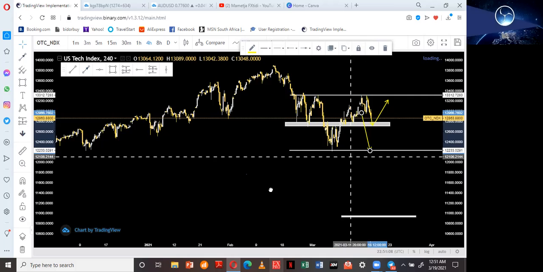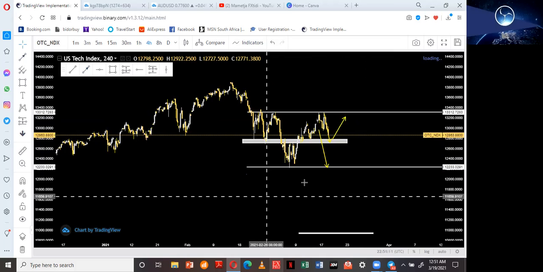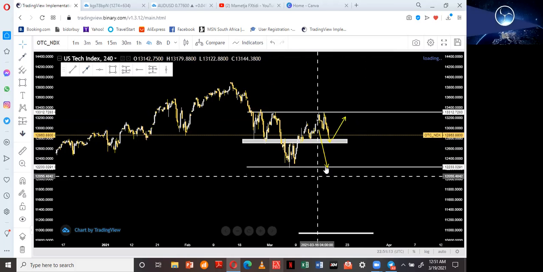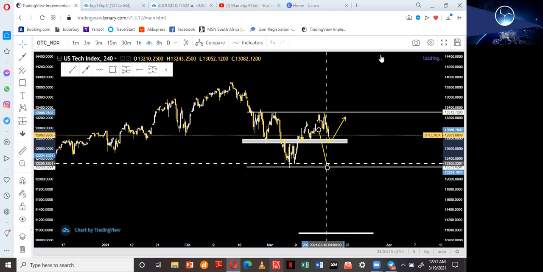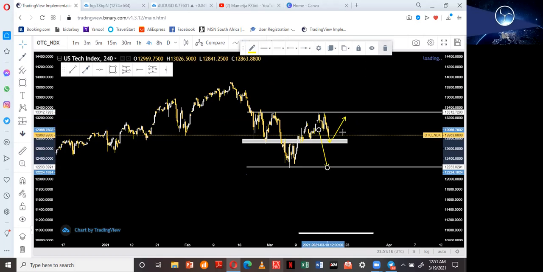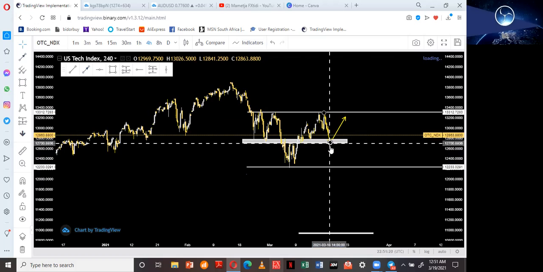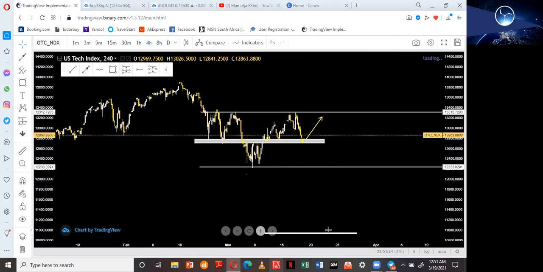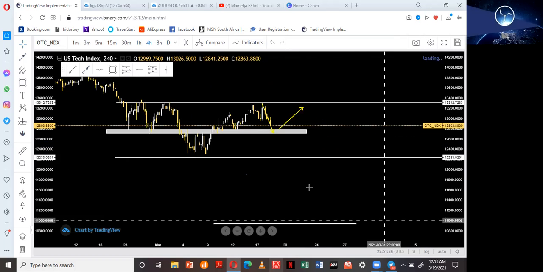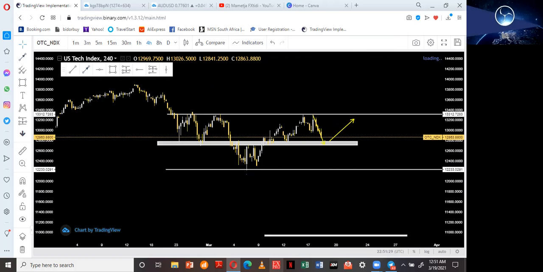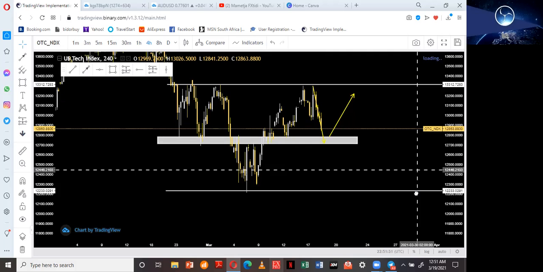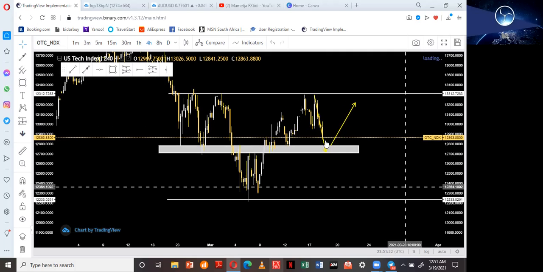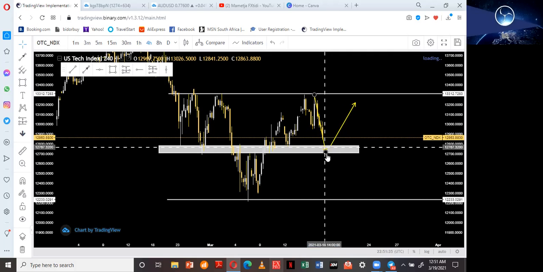So the question is, how do you know it's going to complete the inverse head and shoulder, or it's going to break below this level? The best way to look at it, since we are on the 4-hour chart, is to wait for price to close on the 4-hour chart.